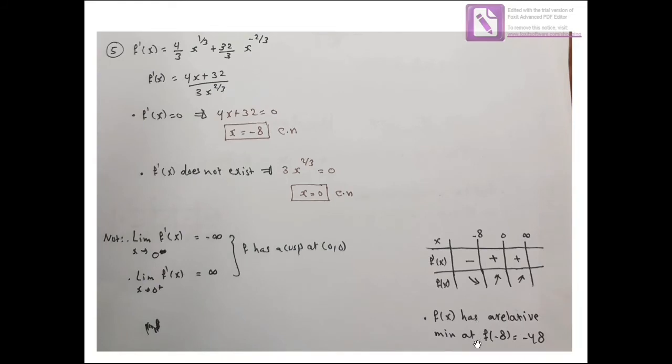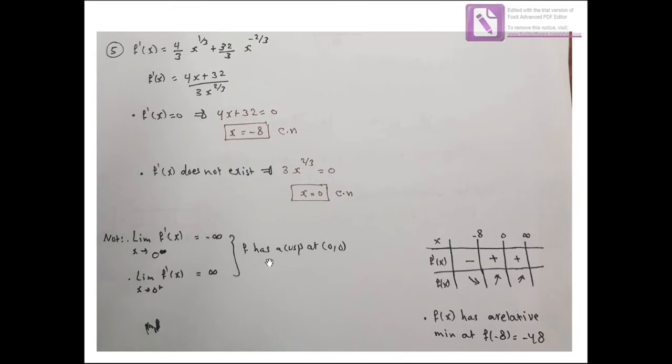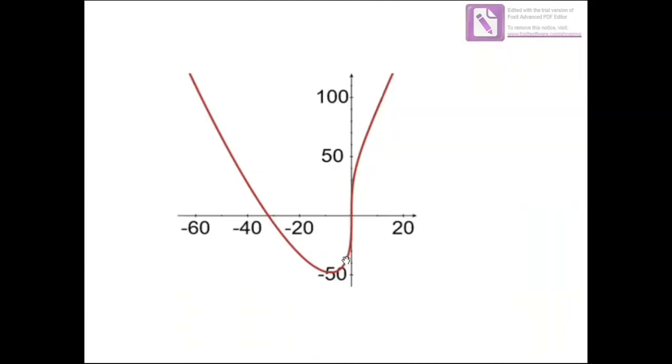We have a relative minimum at -8, which is -48. So here at -8, here we have -48. We'll draw something which is here a relative minimum. So we have this point, we have this point, we have the point (0, 0). We need to connect all these points, and we need to keep in mind that this function has a cusp at the point (0, 0).